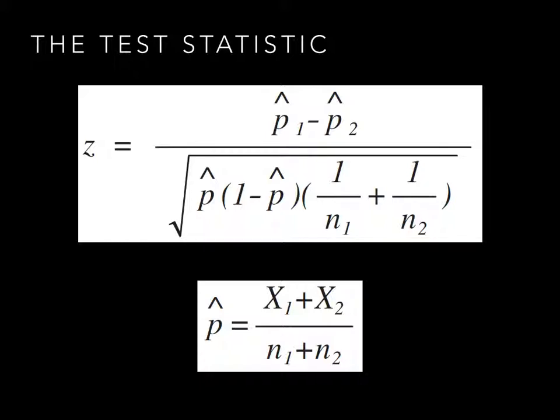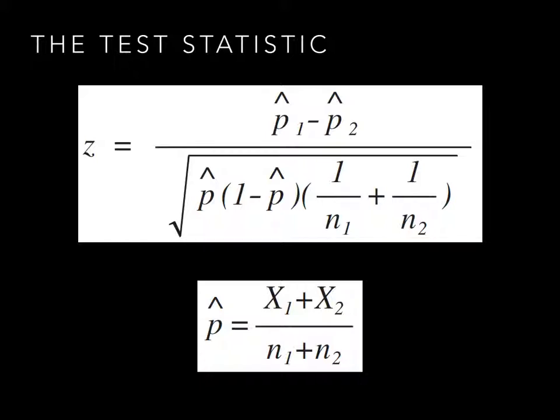That's just the proportion of the first sample minus the proportion of the second sample, divided by the square root of p hat times 1 minus p hat times 1 over n1 plus 1 over n2. Whoa. We have a p1 and a p2 in our numerator, and just a p hat down in our denominator. So what's the big difference between the two?